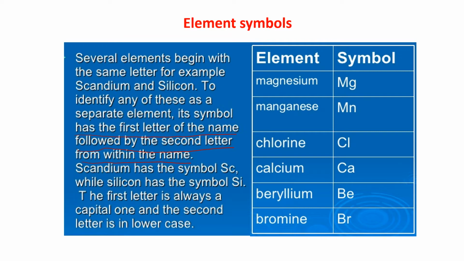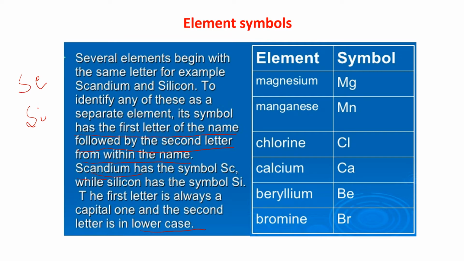So scandium has the symbol Sc, and silicon has the symbol Si, because both start with the letter S. The first letter S is written in capital, and the second letters C and I are written in small letters. The first letter is always capital and the second letter is in lower case.